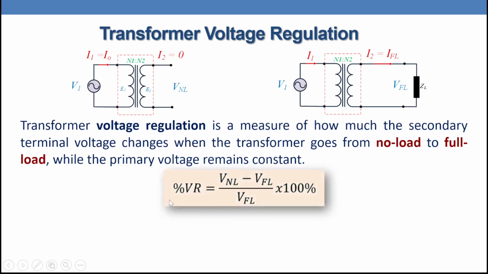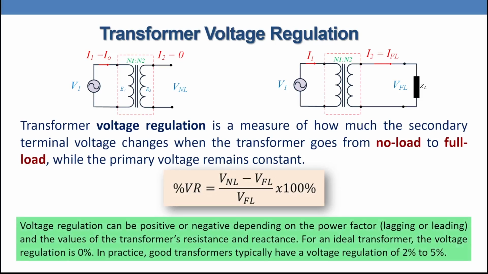Mathematically, percentage of voltage regulation equals the magnitude of no load voltage minus the magnitude of full load voltage, with respect to the magnitude of full load voltage, multiplied by 100. We can observe from this equation that voltage regulation can be positive or negative depending on the power factor of the load, lagging or leading, and the values of the transformer's resistance and reactance. We are going to prove that mathematically and using the phasor diagram in the further slides.